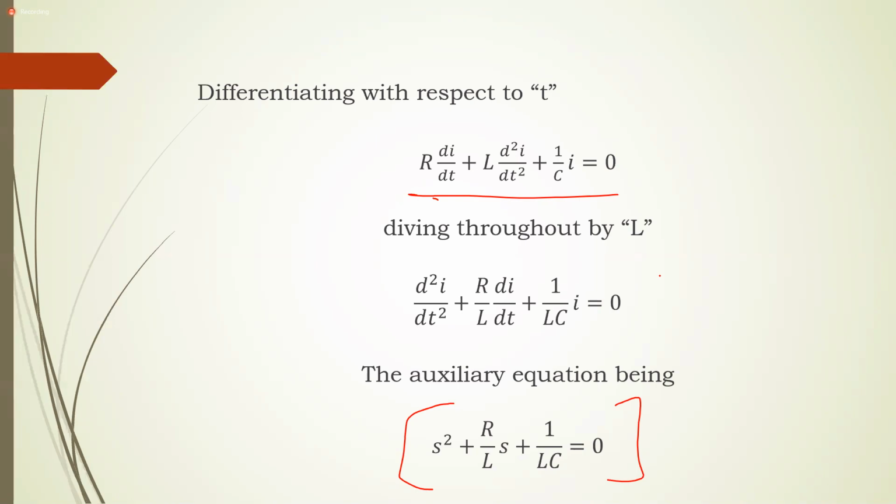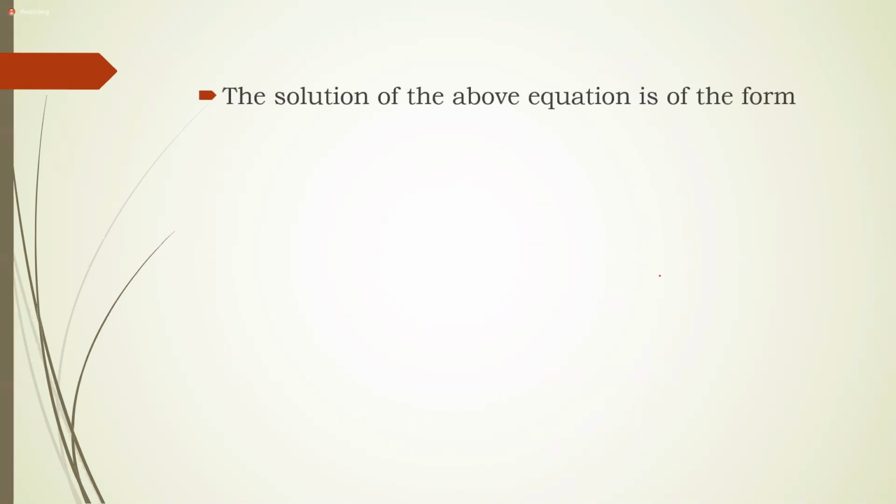Now, from our auxiliary equation, we know that the solution of this equation would be in the form a1 e to the s1 t plus a2 e to the s2 t. We know that will be the general form.